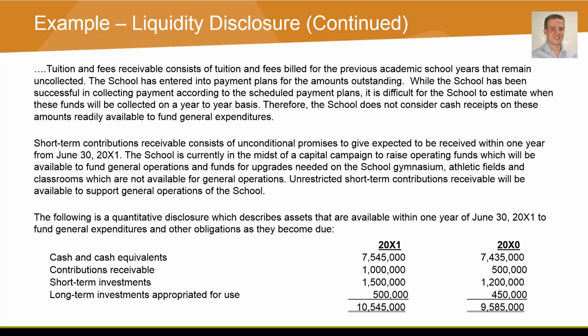And then I think it mentioned previously that they're planning to appropriate about $500,000 from their long-term endowment, and that's what they can look at as being used for general operations as well. So this is just an example that includes all those qualitative and quantitative disclosures that are now going to be required.